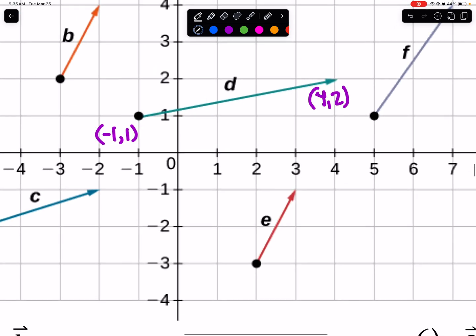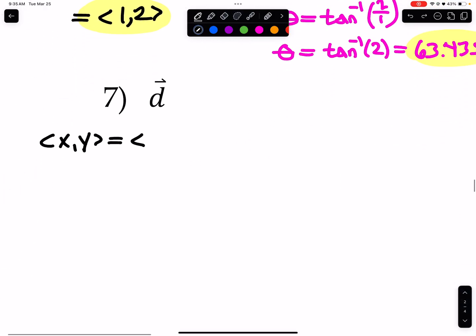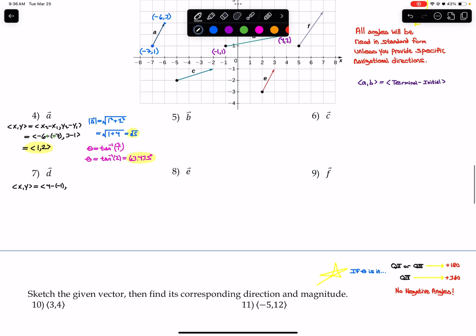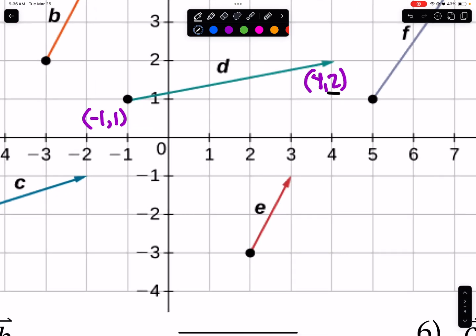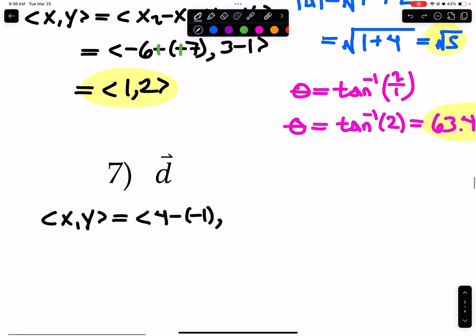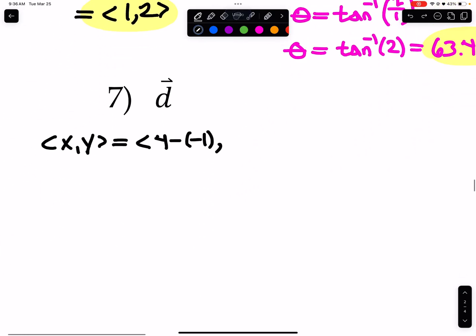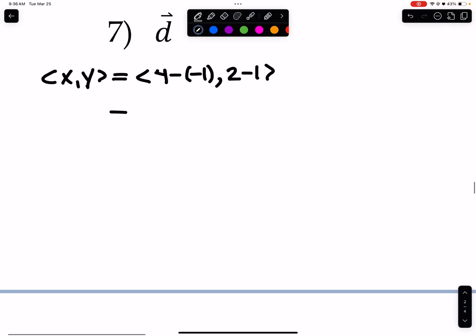So for the x component, I need to do 4 minus -1. And then for the y component, I need to do 2 minus 1. So when I rewrite, this is going to give us 4 plus 1, which is going to be 5, and then 2 minus 1, which is going to give you just 1.